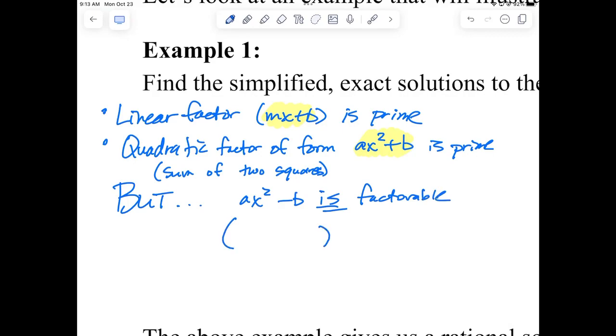And it factors into what? Let's factor it in variable form. It would be the square root of a x plus the square root of b, and the square root of a x minus the square root of b. They don't have to be perfect squares, do they? We just saw that. Your first exposure to difference of squares was when there was a difference of two perfect squares. x squared minus 4 becomes x plus 2, x minus 2.